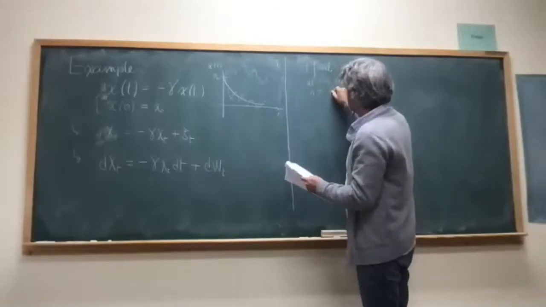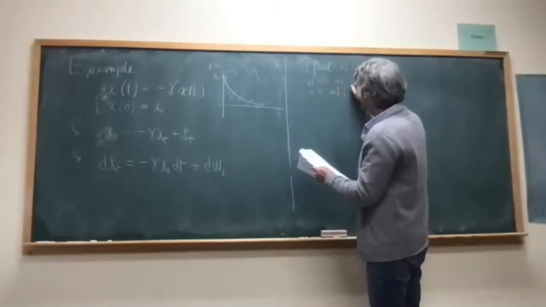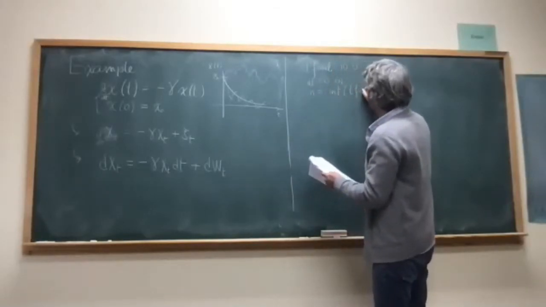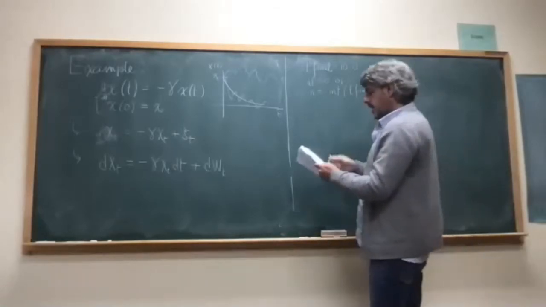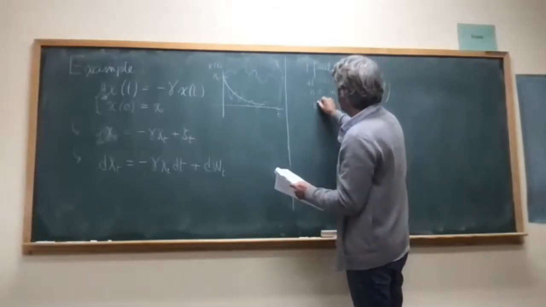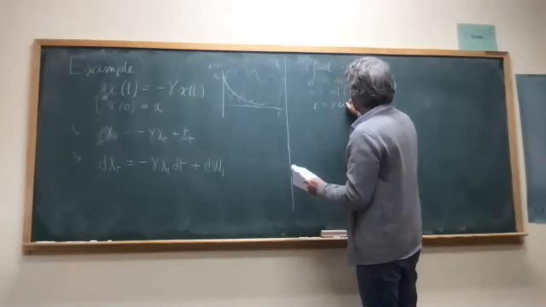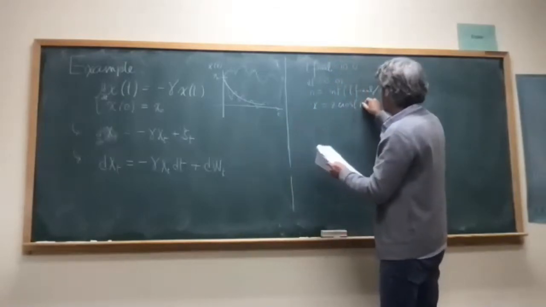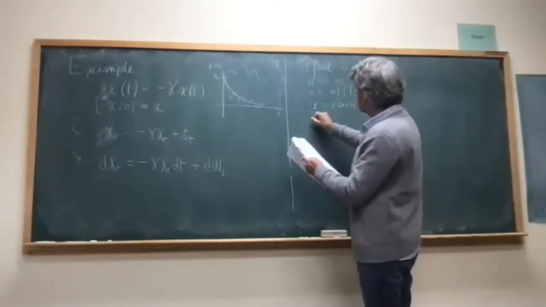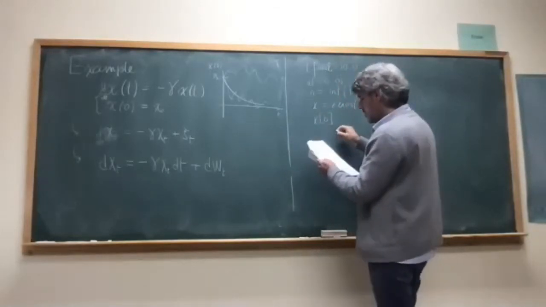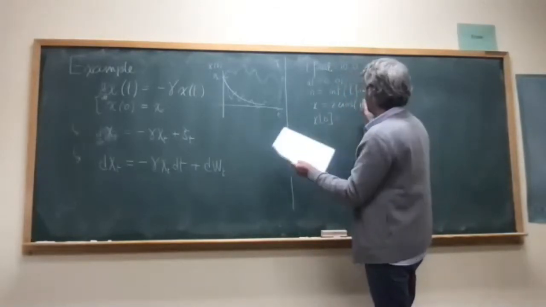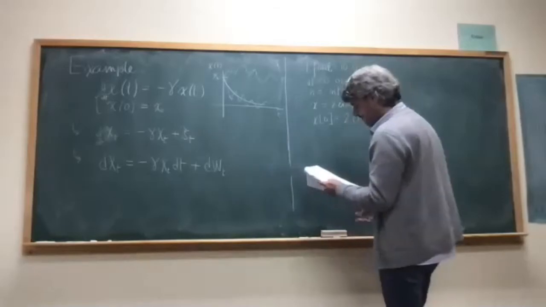N will be the number of time steps, so this is t final divided by dt. Then I'm going to build some vector that will contain all the iterates. So I'm going to have n plus 1 points, because the first point, and here I'm using a Python notation, is some value, say 2.0.